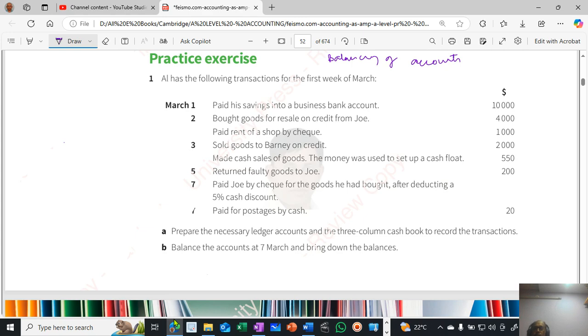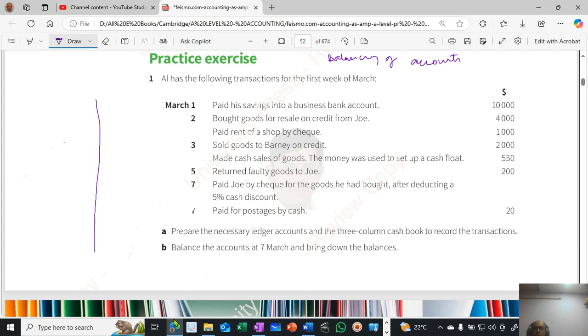In this small question, first let us make a list of debits and credits so that writing the ledger entries becomes easier. Let's classify and write which account will be debited and which account will be credited in each case.